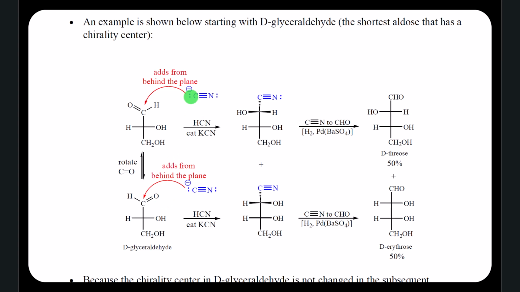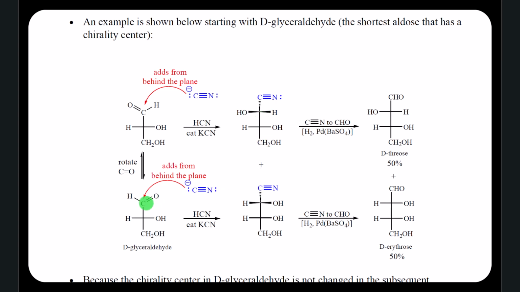In this case, effectively then, if we always add from behind the plane in the same orientation, we would be adding from one face or the other face of the aldehyde. We can then leave the hydroxyl group in its orientation relative to the chain of the Fischer projection. Thus, in the top one, the carbonyl oxygen would become an OH on the left-hand side of the chain.